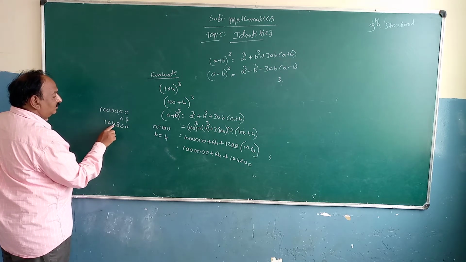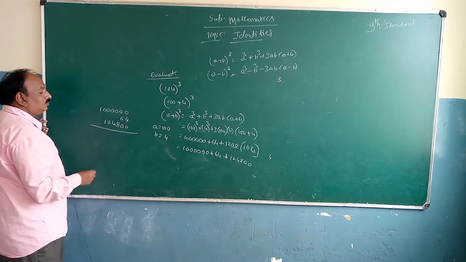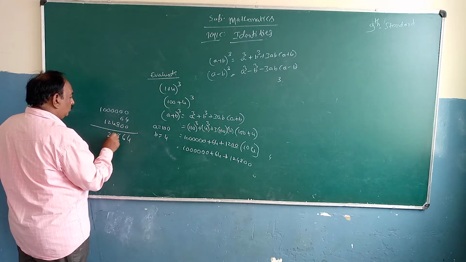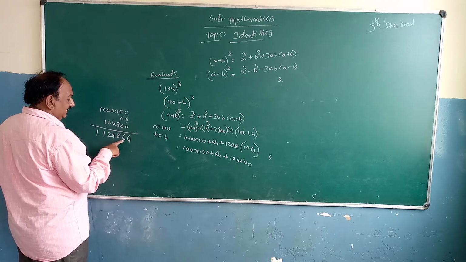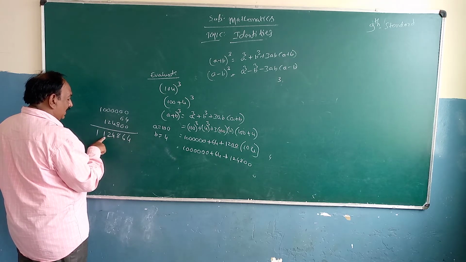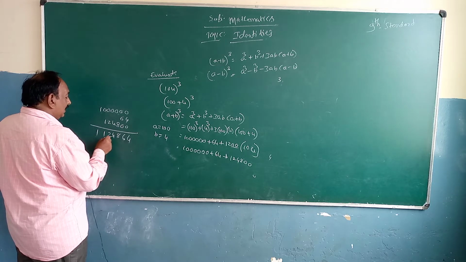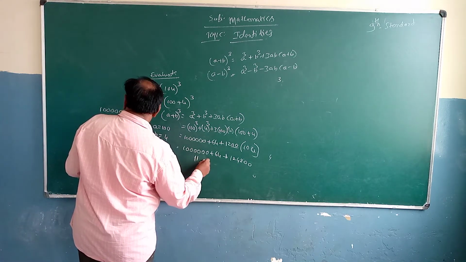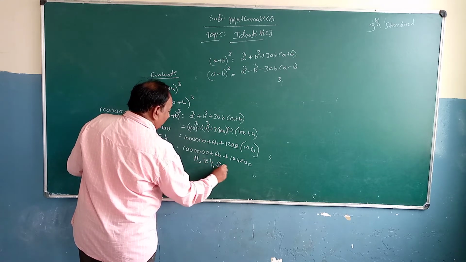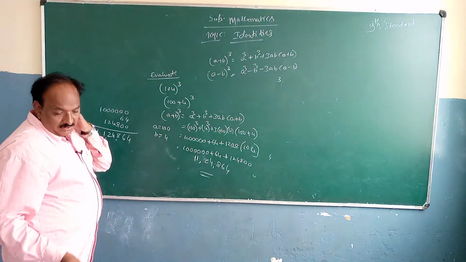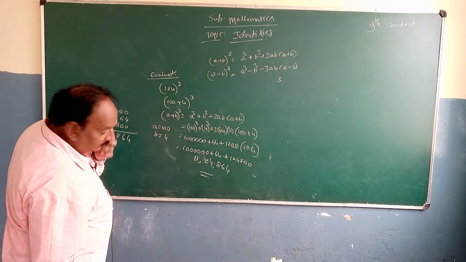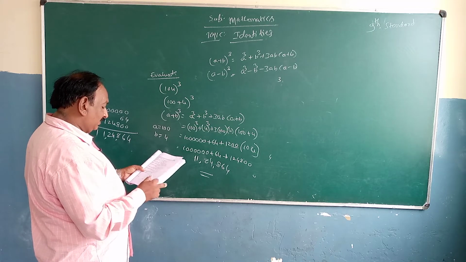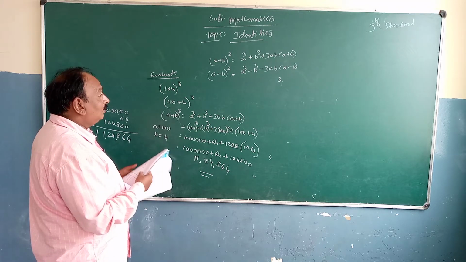Units, tens, hundreds, thousands, ten thousands, lakh. The answer is 11 lakh 24,864. When you multiply 104 into 104 into 104, you get 11 lakh 24,864. Now we solve one more problem.